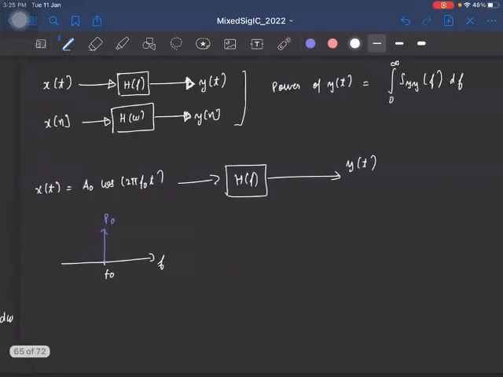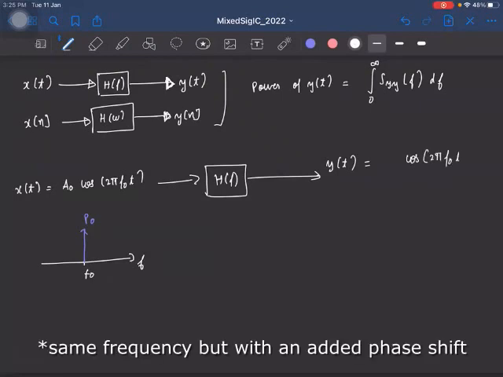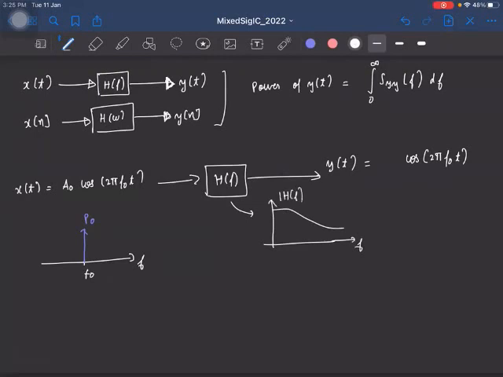So when this signal goes through a filter H of f, what will be the output signal? Output will be again a sinusoid of the same frequency, right? Because this is a linear filter. So what will be the amplitude? Let's say H of f has some response like this. So this is f, let's say this is magnitude of H of f.